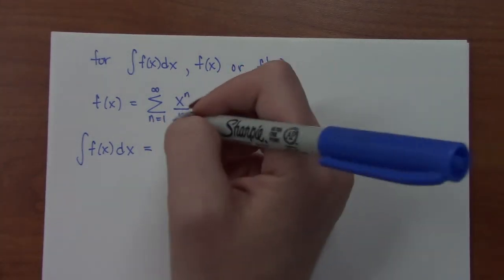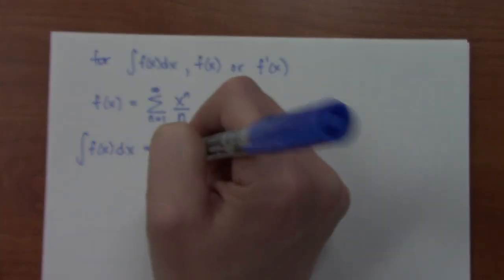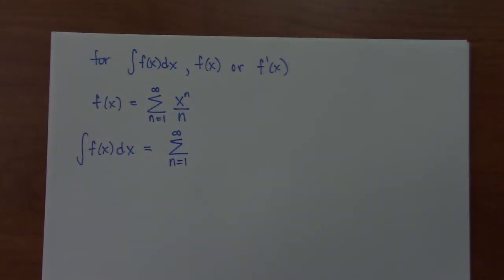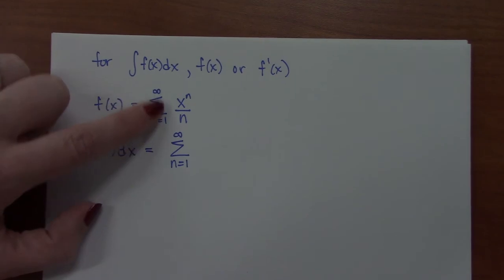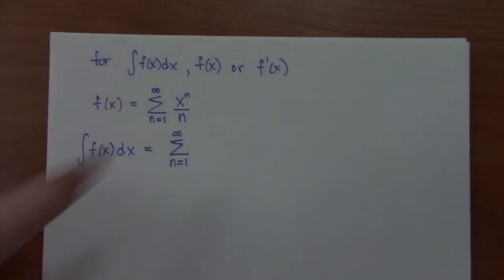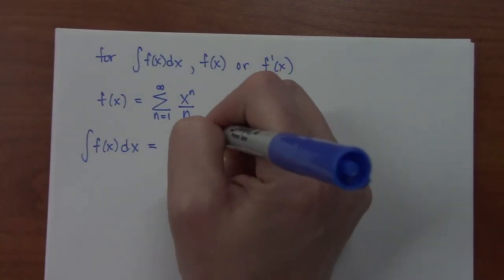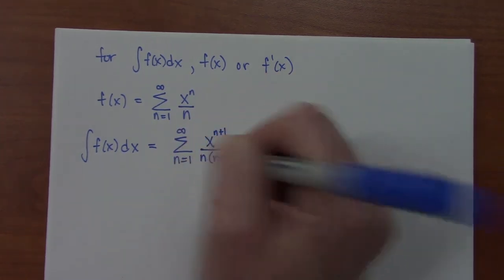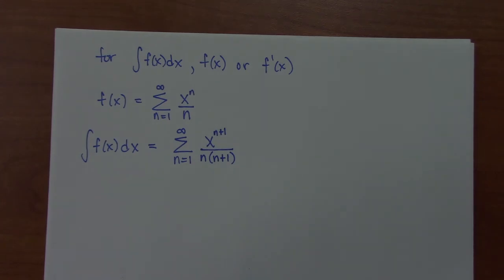So if we want to integrate this series, how do you integrate x squared? You add 1 to the exponent, and then you divide by that exponent. So you can actually think of this as 1 over n times x to the n. You add 1 to the exponent, and then you divide by that exponent. So you've just integrated an infinitely long series polynomial. We just did it with the nth term. It's just a power rule.